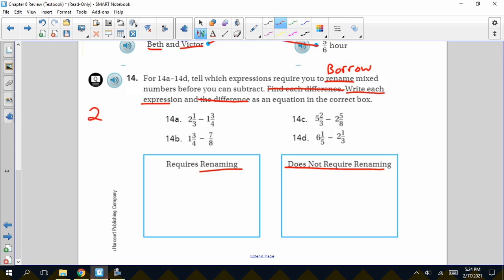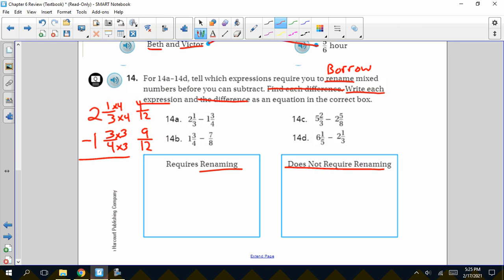First one, this is 14A, 2 1/3 minus 1 3/4. Find a common denominator, which is 12, times 3 to get there, times 4 will get me to the 12, so I do 1 times 4.